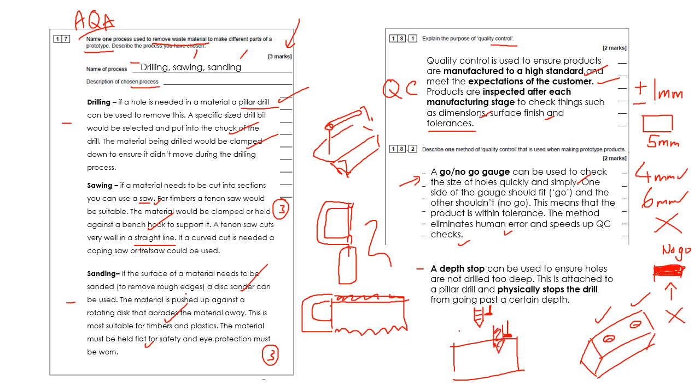So the drill will only drill to a certain depth. These are used a lot to make sure that things are drilled to the correct distance, especially in things like flat pack furniture. So a depth stop can be used to ensure holes are not drilled too deep. This is attached to a pillar drill and it physically stops the drill from going past a certain depth. That would get you the 2 marks as well.